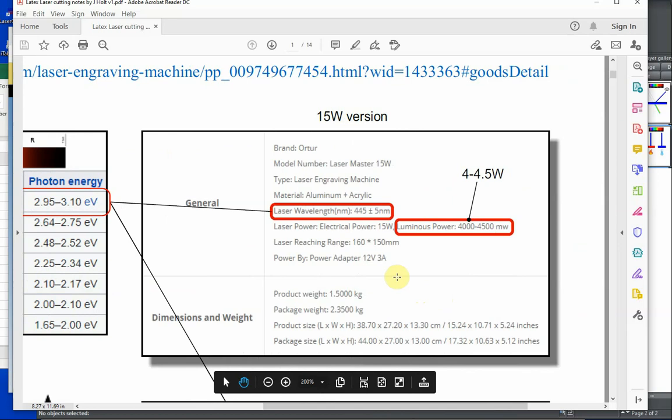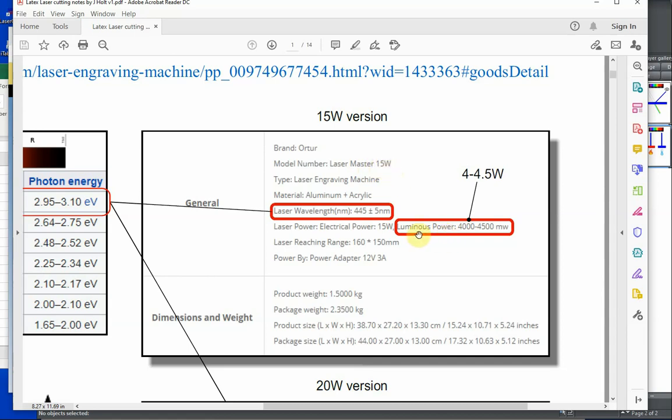Now the other important thing to look at here is that although this is classed as a 15 watt laser, it's almost a marketing thing with diode lasers. That's the power taken by your power supply effectively. What's important is not that number, it's the power at the beam itself, right?